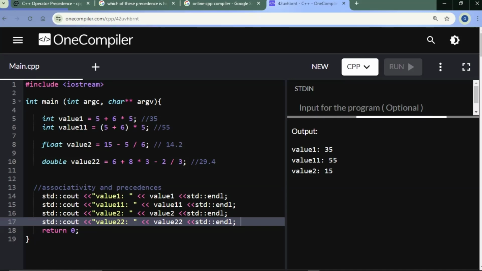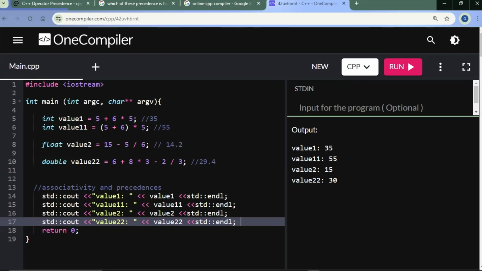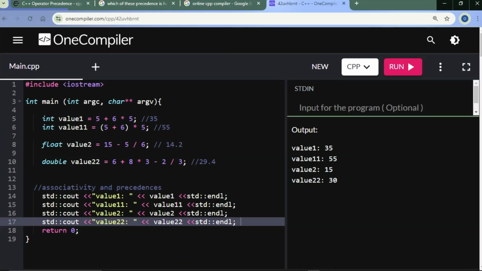The online compiler is taking your time. 30. Yeah, I told you guys, I said it's going to be close or exactly 29.4, but now it's been rounded to 30. So that is how it works.